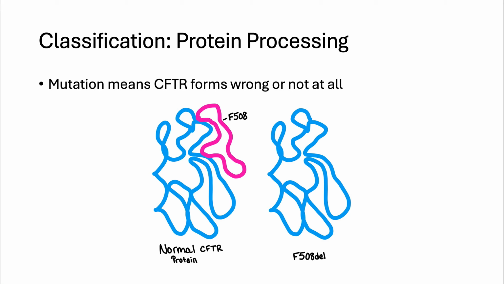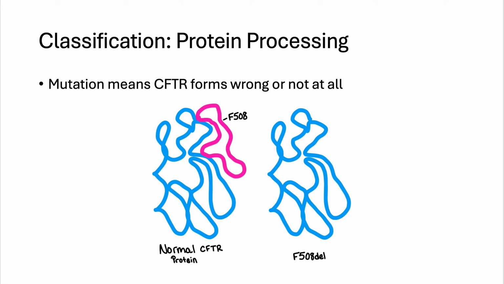There are actually 5 different classifications or types of cystic fibrosis mutations, the first of which is a protein processing mutation. This mutation means that the CFTR protein forms improperly. The most common example of this specific mutation is called the F508 deletion.